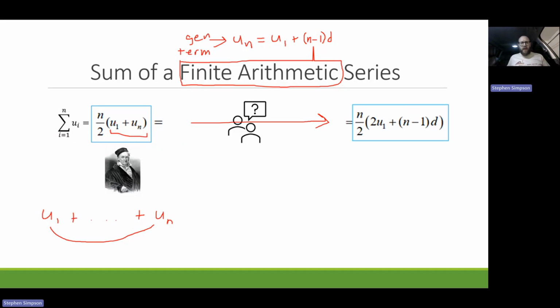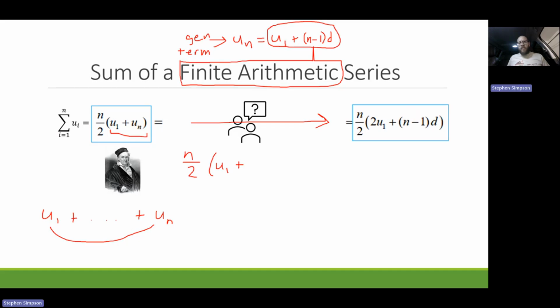Let's start with this formula right here. N over 2 times u sub 1. But instead of writing u sub n again, we're going to replace u sub n with something that it is equivalent to.